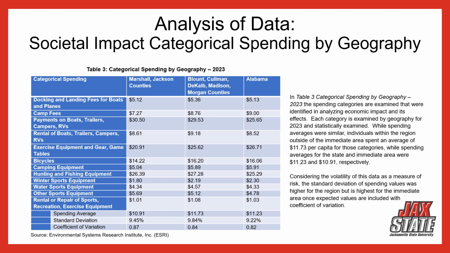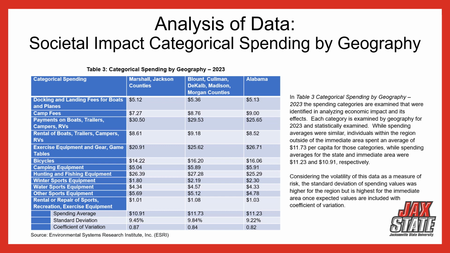What these represent are categorical spending within the different geographies. In other words, these spending areas were exactly the same spending categories that were used in finding economic impact. The intent of this is to show that yes, there is a relationship between economic impact and societal impact.